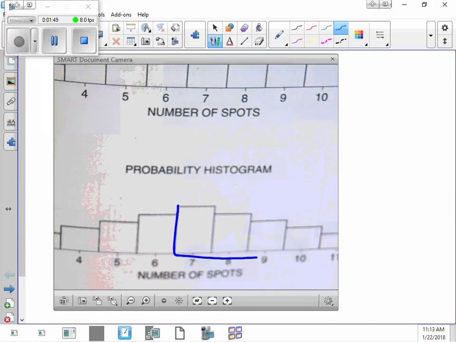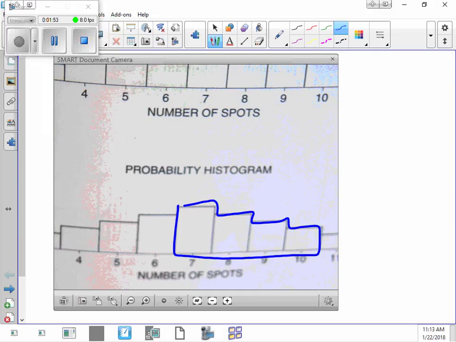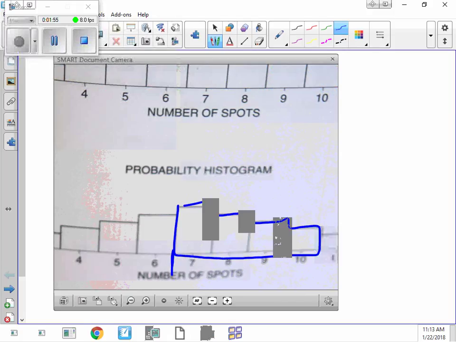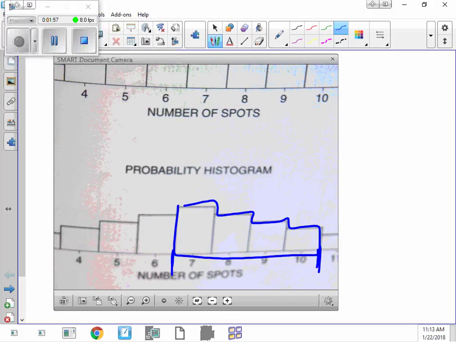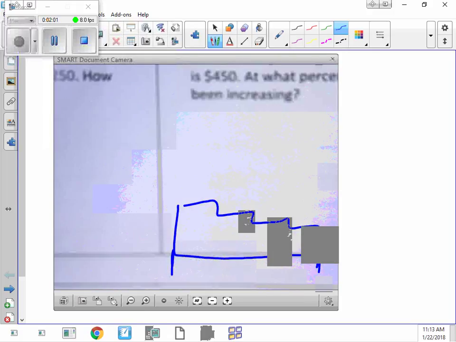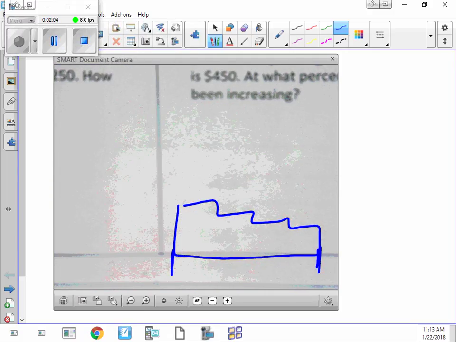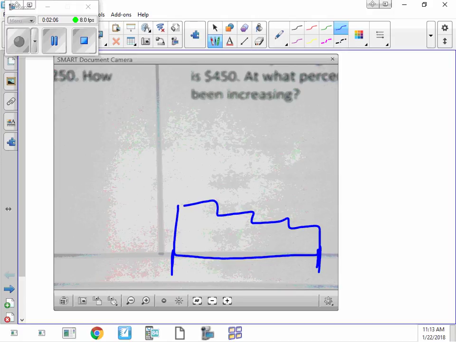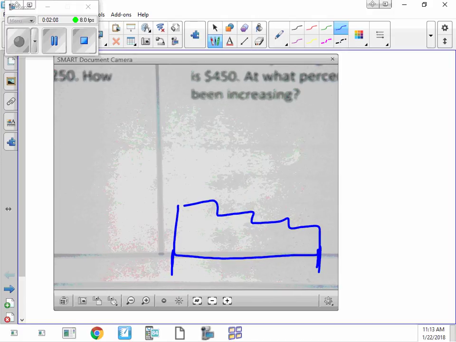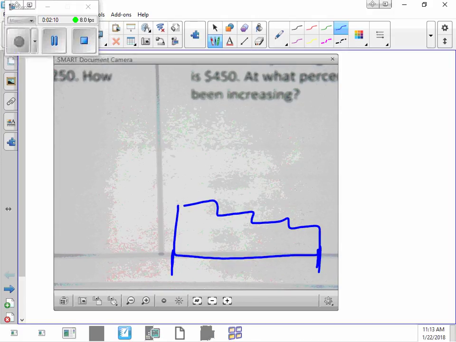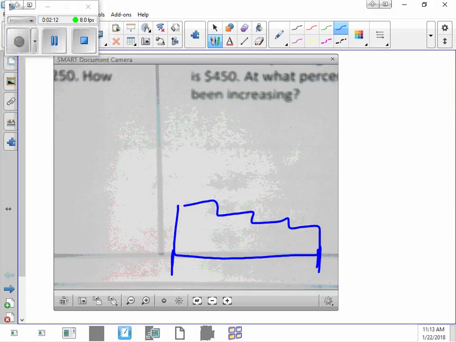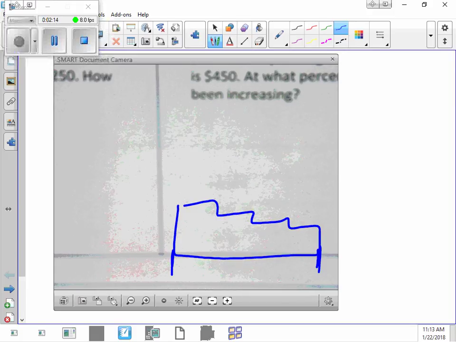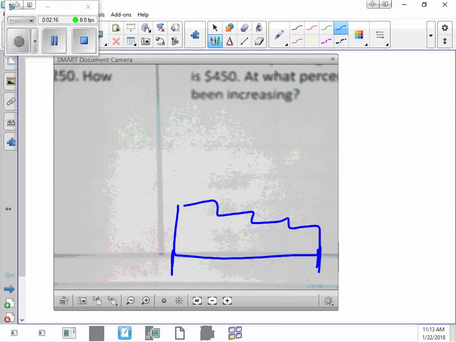So this is the area that we're going to add up, but the areas are between 6.5 and 10.5. And B, the chance that the total number of spots will be 7 equals the area of the histogram between 6.5 and 7.5.